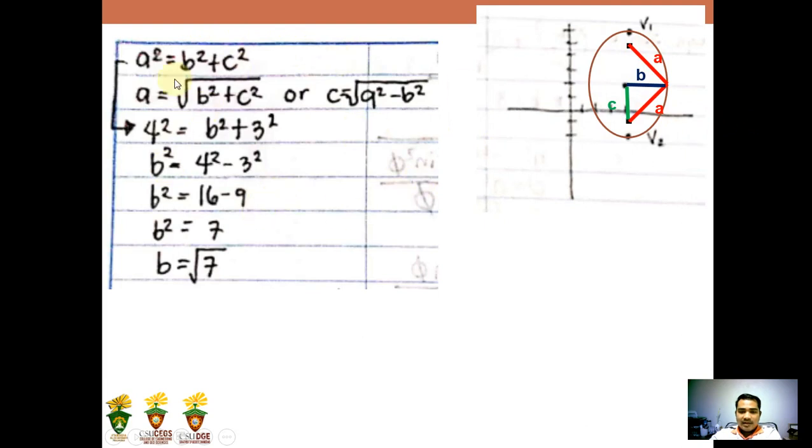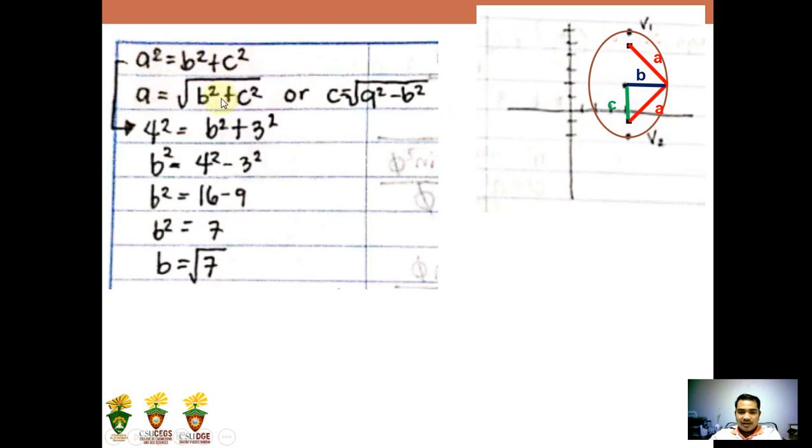From the values we obtained earlier and from this illustration, we can say that a is now our hypotenuse. Using the Pythagorean theorem, we have a squared equals b squared plus c squared.